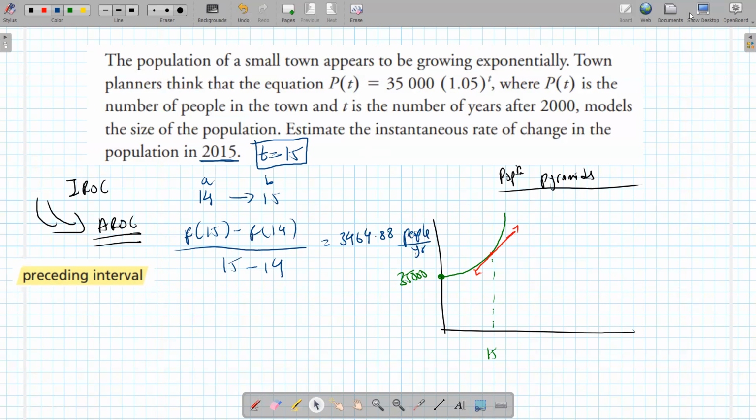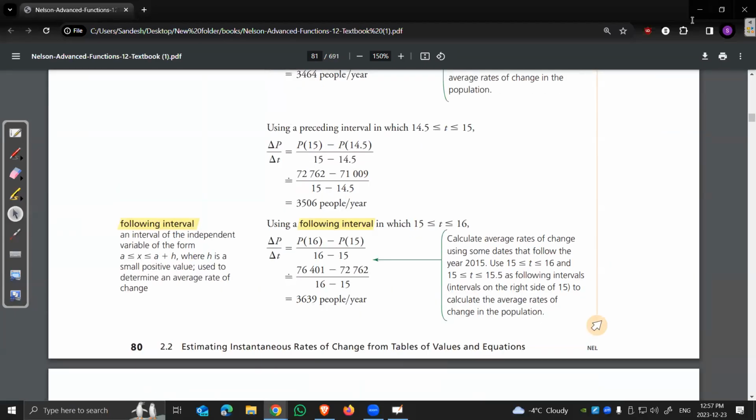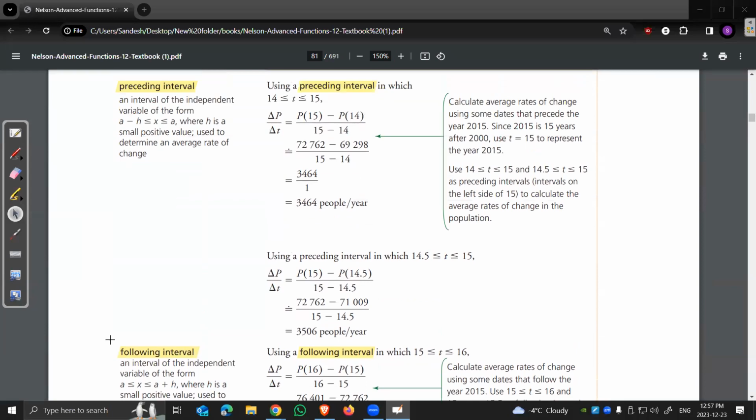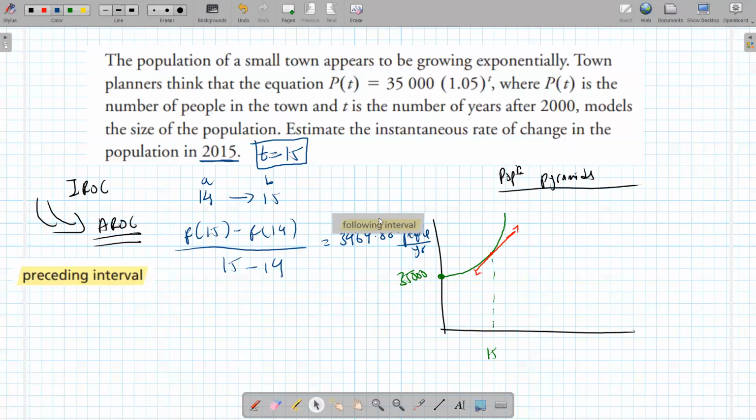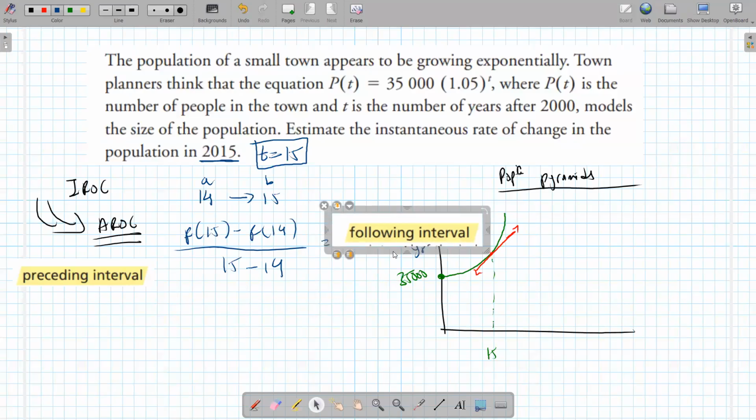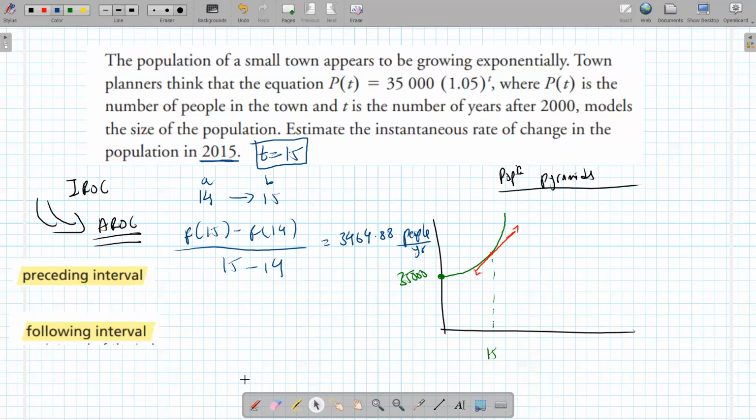The other option, instead of looking at it before, is to look at it after. This is called the following interval. Last time we had 14 and 15, but now we're going to have 16 and 15. You go one up. Last time we went one down, now we go one up.